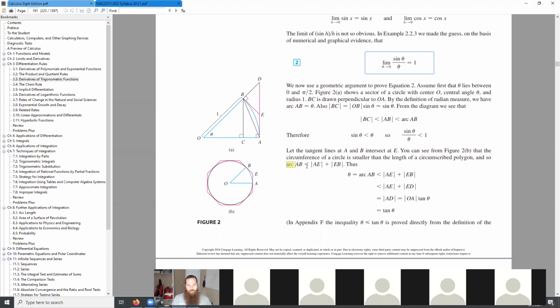So the arc from A to B, which is again this little blue arc here, is smaller than the piece from here to here plus the piece from here to here, which is AE and EB. So what is AE and what is EB? We're going to build up some more inequalities. They say AE right here is itself smaller than AD.